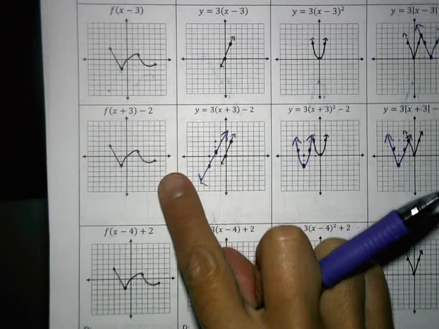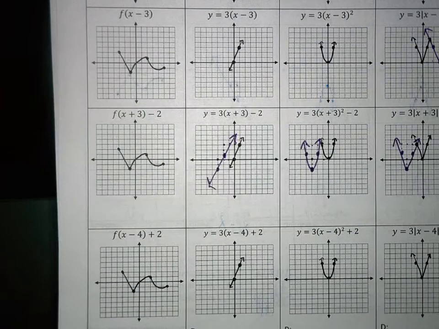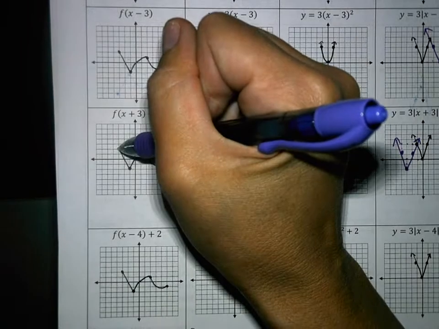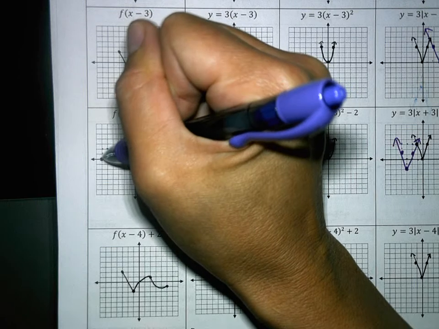Okay, and I think the most tricky one is the function over here. And so let's go ahead and give that one a try too. So left 3, down 2 with each of those points.